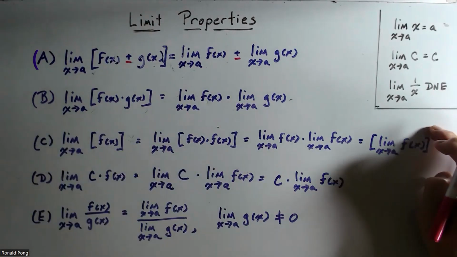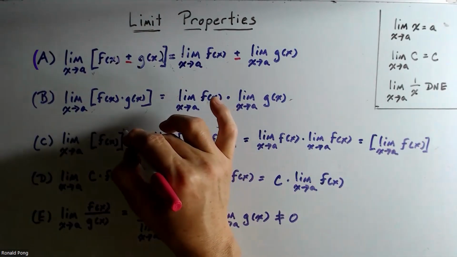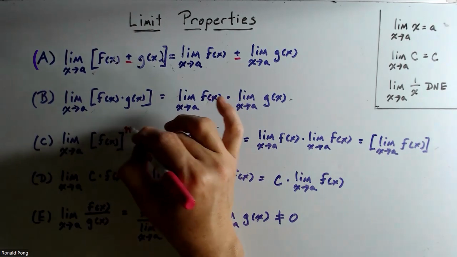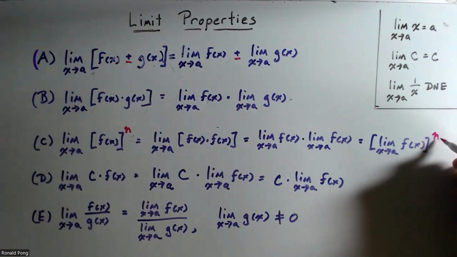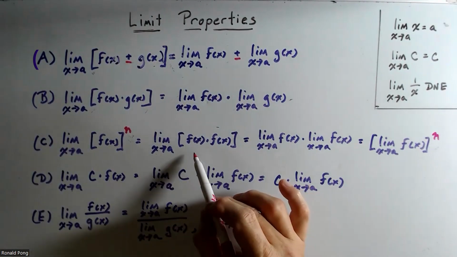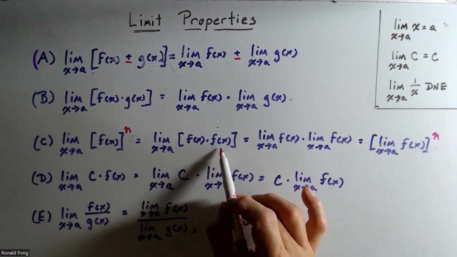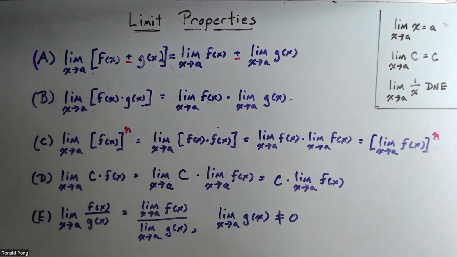This idea can be generalized to any power n, where I would just simply multiply f of x times itself n times. And n could also be a fraction. For example, the square root of a limit equals the limit of the square root.